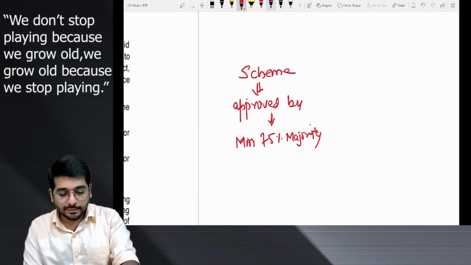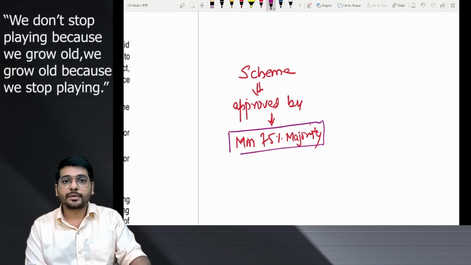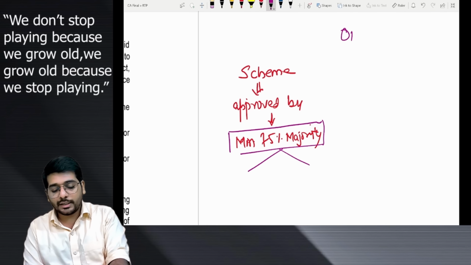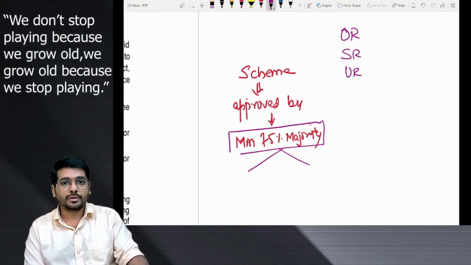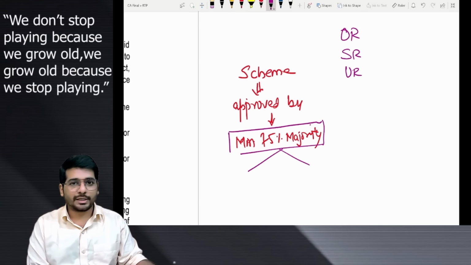Minimum 75% majority. And while we interpret it, we have interpreted this as not an ordinary resolution or a special resolution or a unanimous resolution. We have given it a name known as extraordinary resolution.